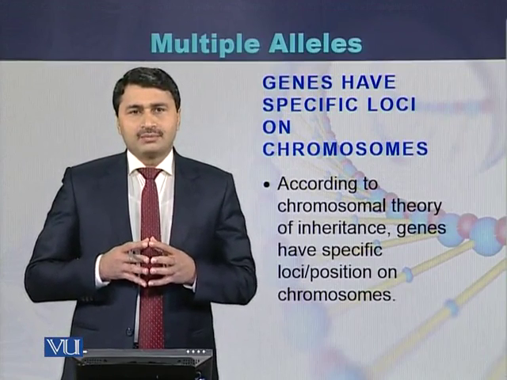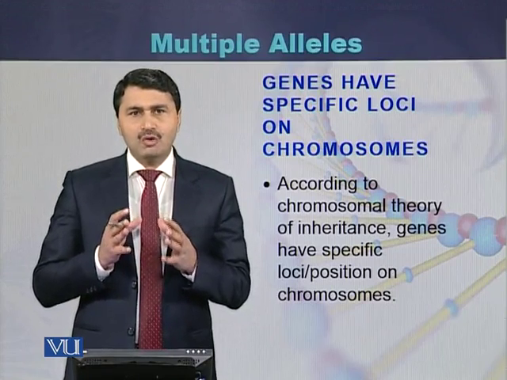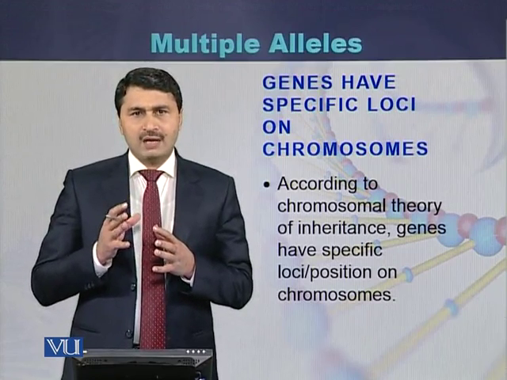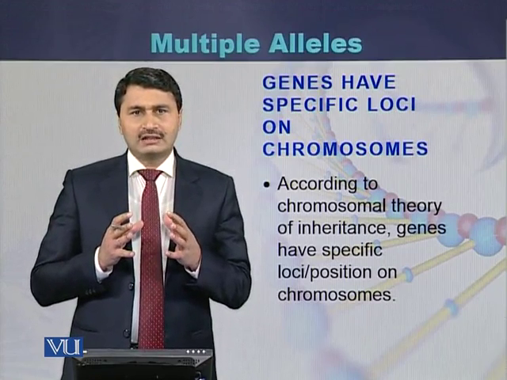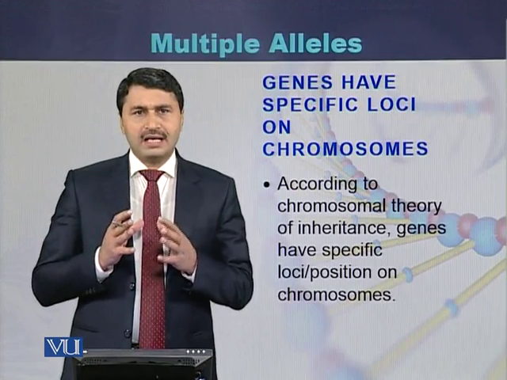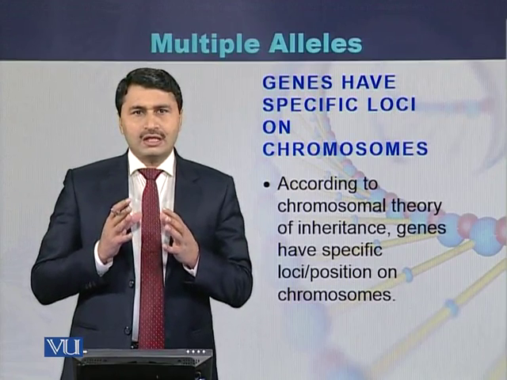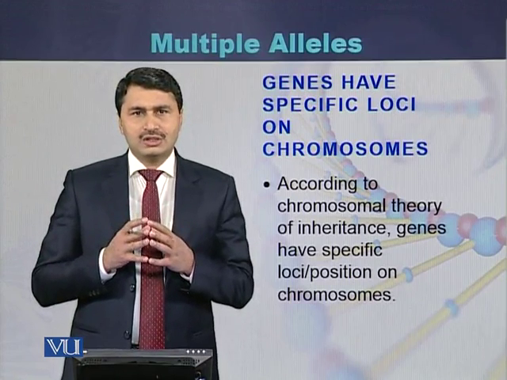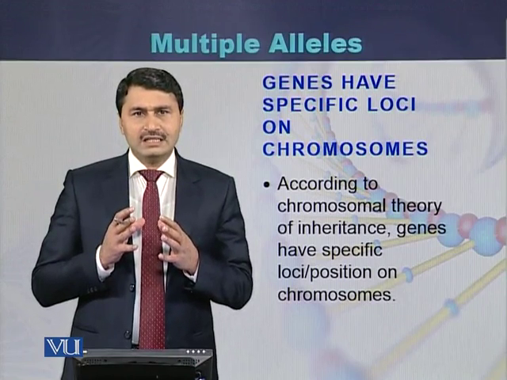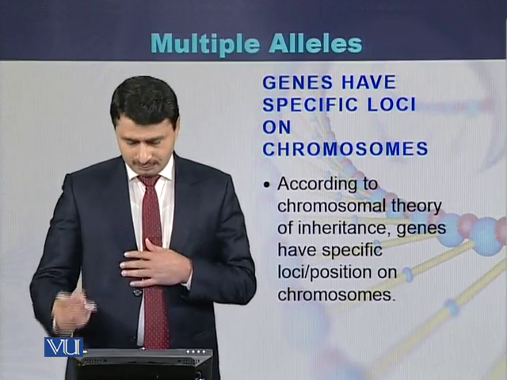According to the chromosomal theory of inheritance, there are homologous chromosomes. Out of the homologues, one comes from the father while the other comes from the mother. So in diploid individuals, there is a pair of chromosomes, and one allele is present on each homologous chromosome.